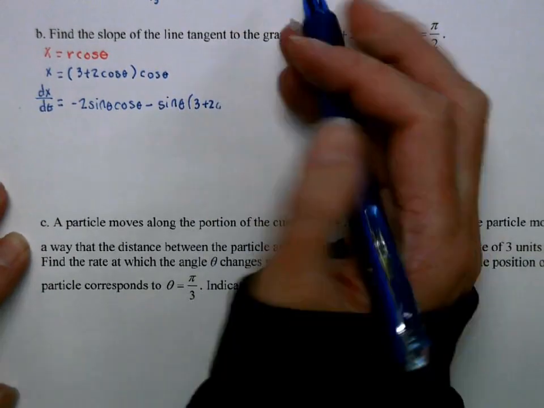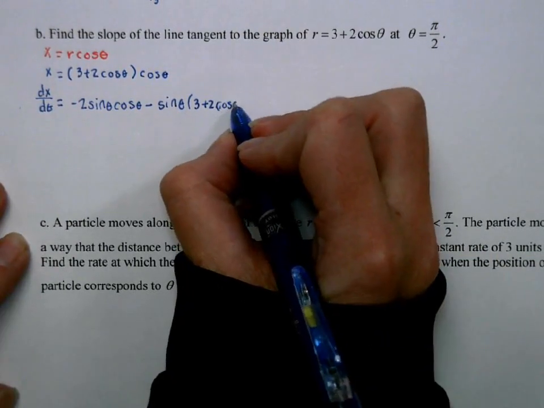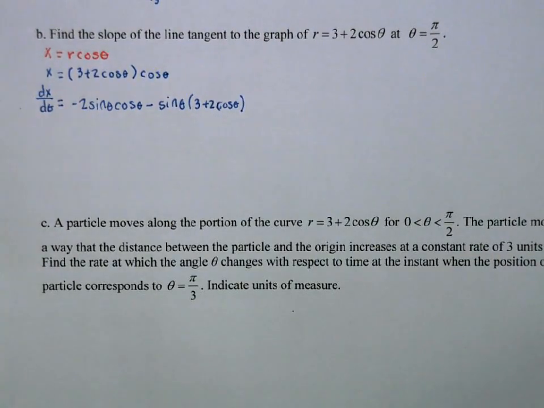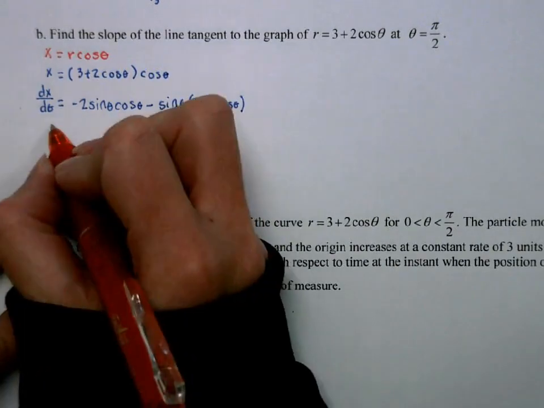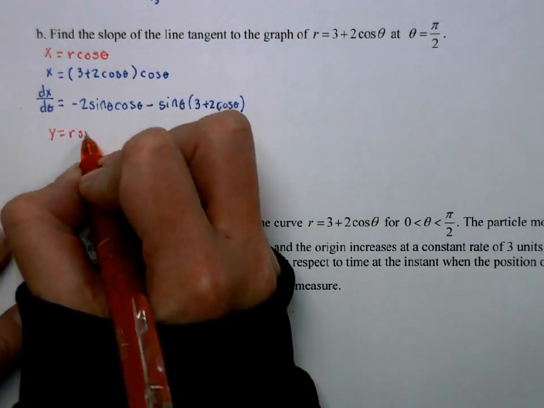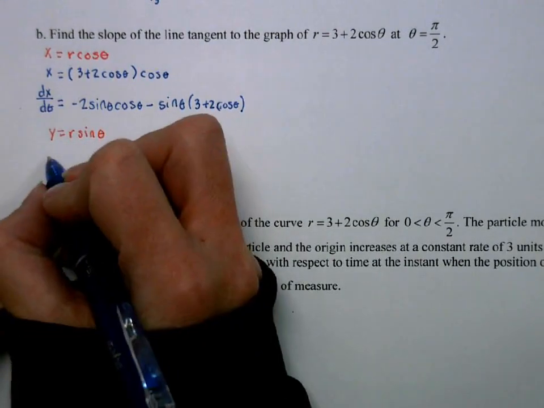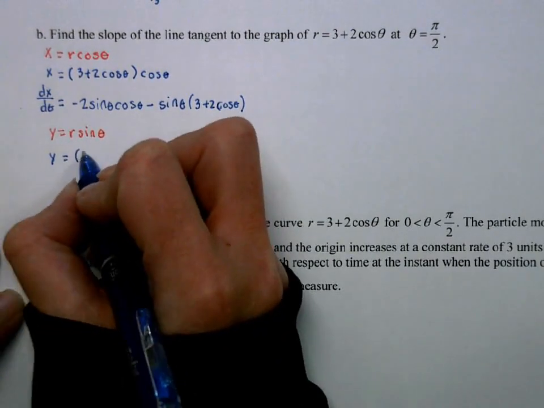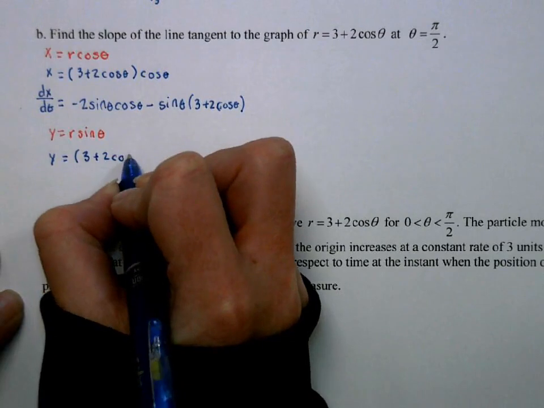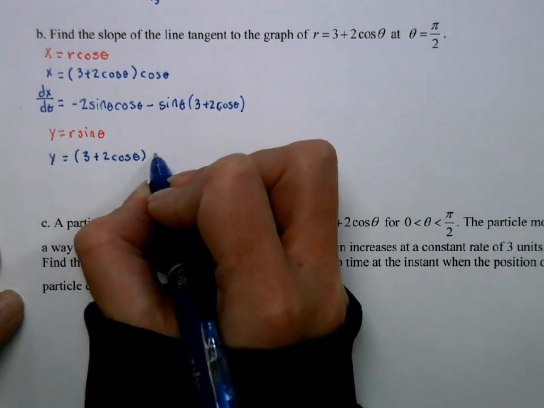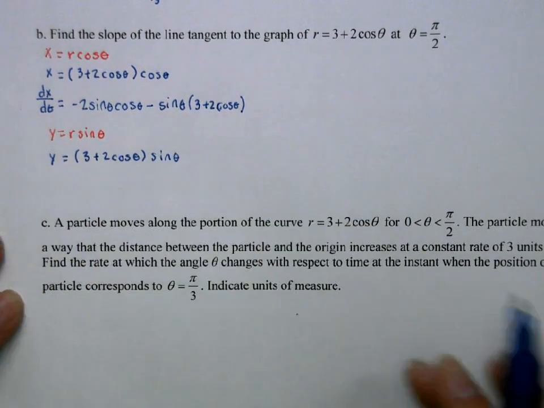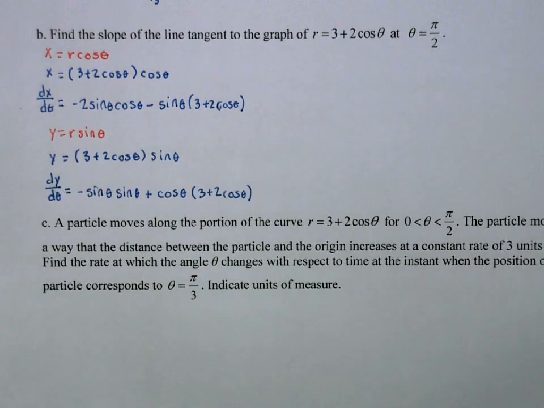Okay, and then we'll repeat this for y. Y is always going to be r sine theta. And then find that derivative. Okay, so doing another product rule will give me this equation.